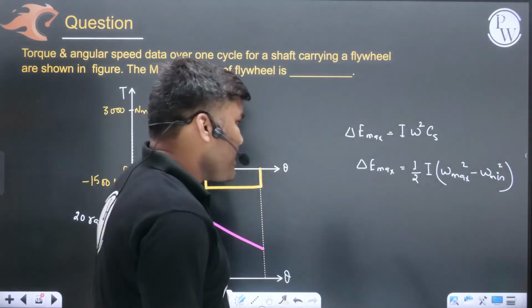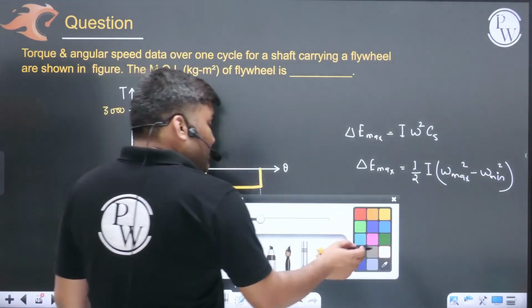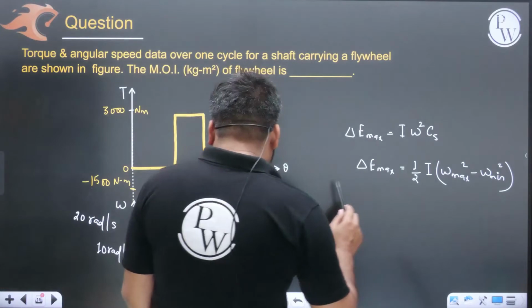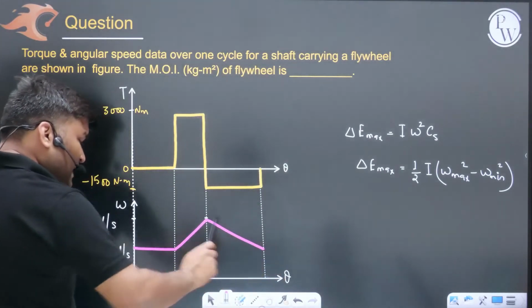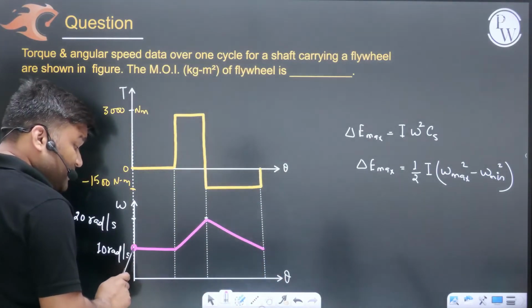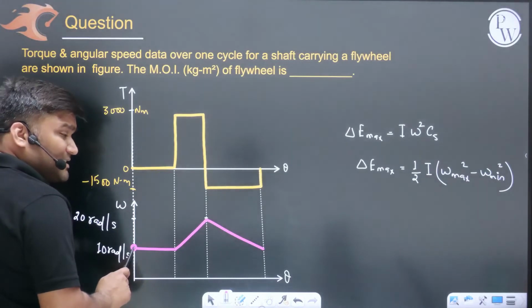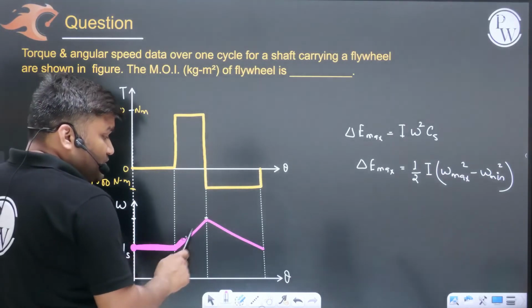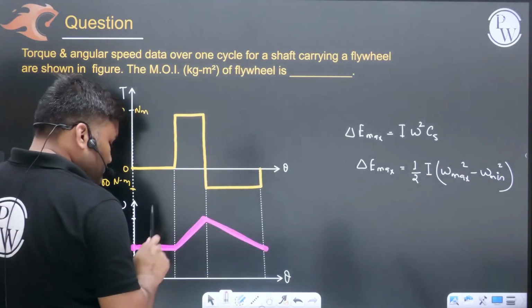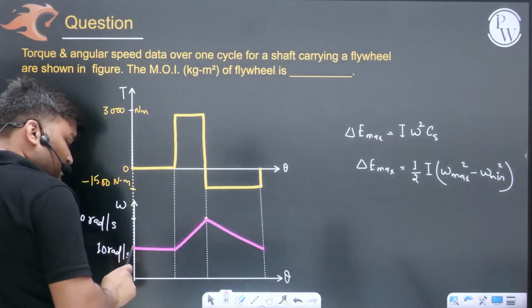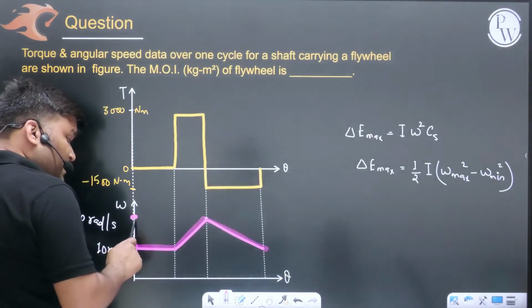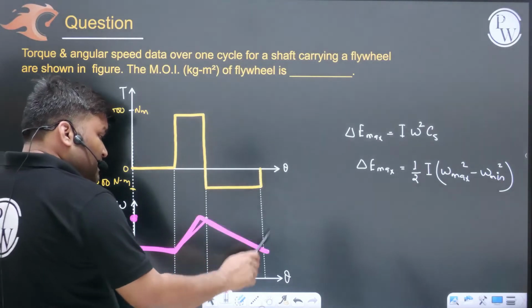Exactly same. What values they have given? From this data, from this graph only, you have to find out minimum speed during cycle kitni thi? In this cycle, minimum speed was how much? You have just calculated. Maximum speed kitni thi? Sir, 10 radian minimum, 20 radian maximum. Speed का fluctuation इसी के बीच में आपको दिखाई पड़ रहा है.